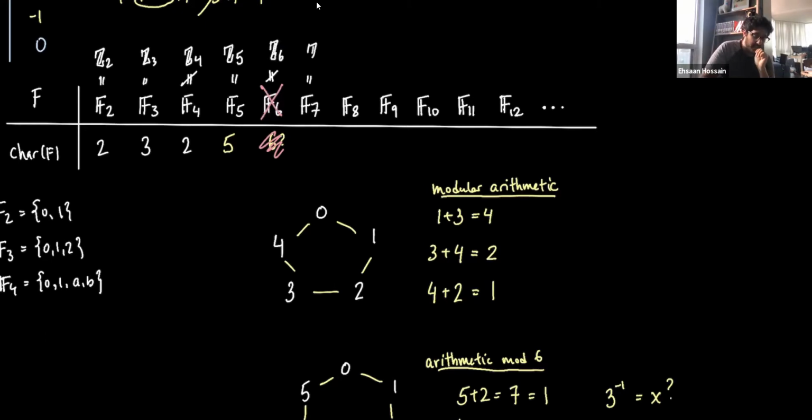F7 is Z7. Yeah, Alan's getting the condition: it's when you have a prime number of elements. The field of P elements, if P is prime, is always just Z mod P. So I can erase the ones that don't count. So F11, I wrote Z9. I meant to write Z11.